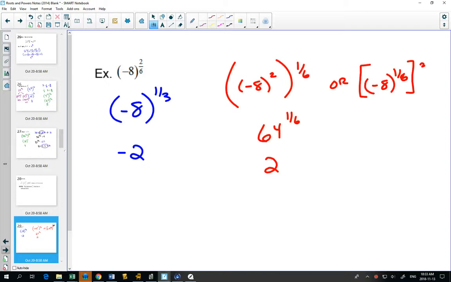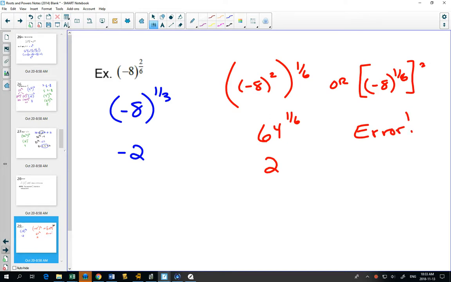Tell me what your calculator says. Just this part, -8 in brackets to the exponent of 1/6. What does your calculator say? It says error. My goodness.